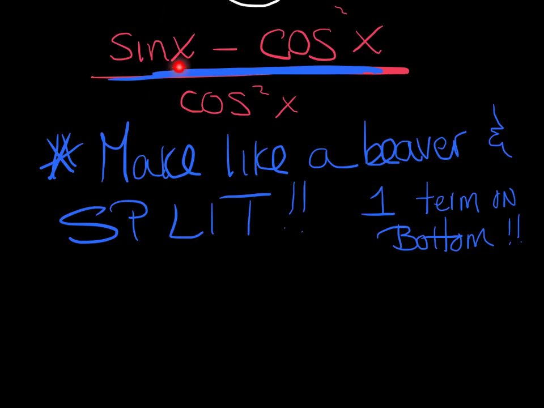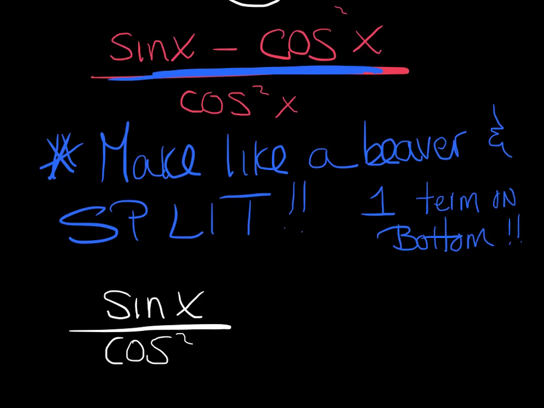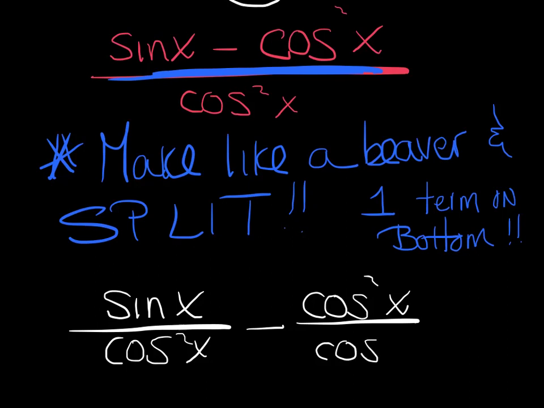Okay, I'm dividing sine by cosine squared, and I'm dividing cosine squared by cosine squared. So watch how I write this. I'm going to say it's really sine of x divided by cosine squared x minus cosine squared x over cosine squared x. Do you see what I did? I split, make like a beaver and split. I split those two because there was one term on the bottom.